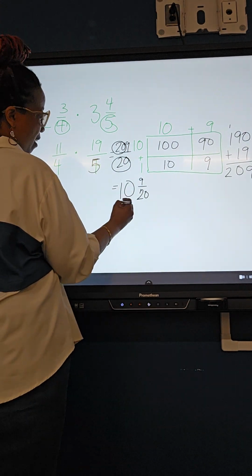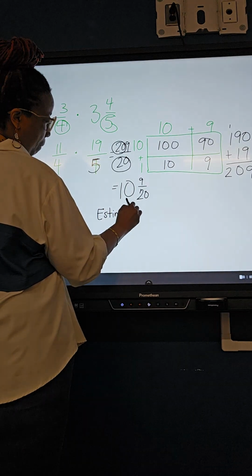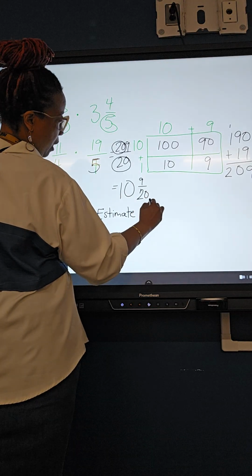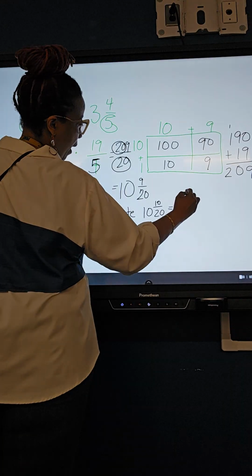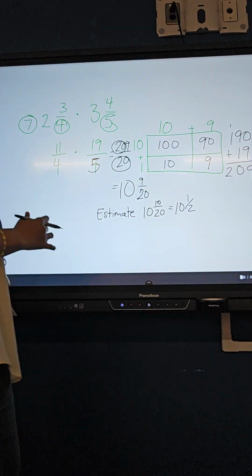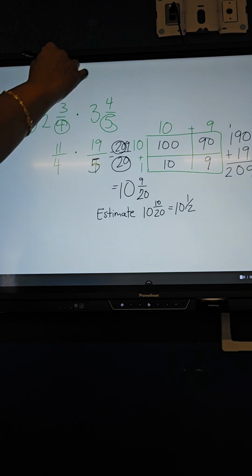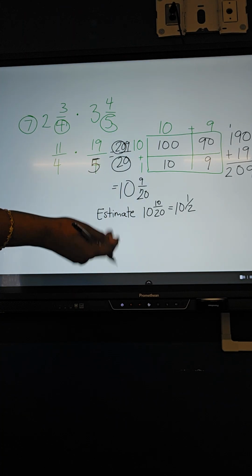So this is, as an estimate, like saying 10 and 10 over 20, which is 10 and a half. And I was talking to you all today about making sure when you do the estimate, because it's going to give you numbers to choose from, you always round up or you estimate up.